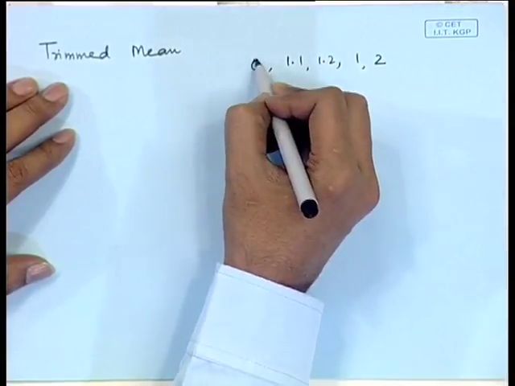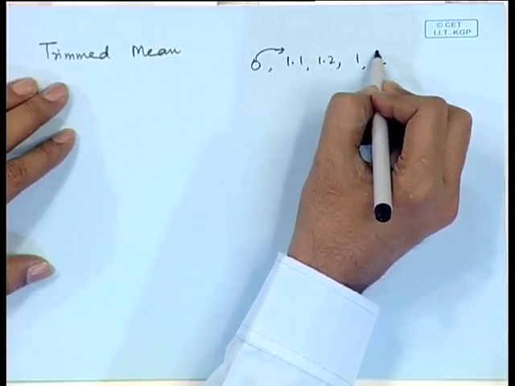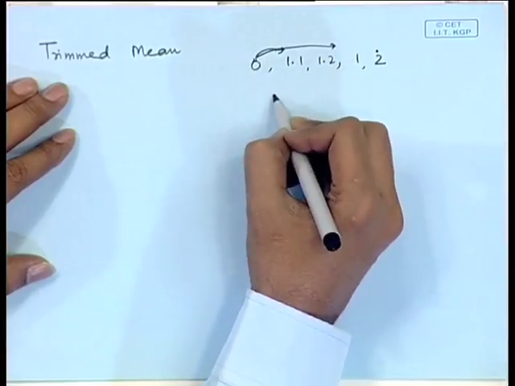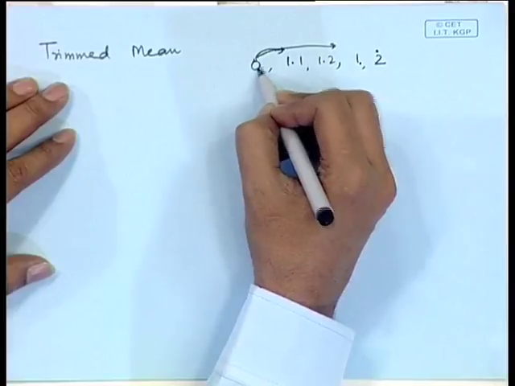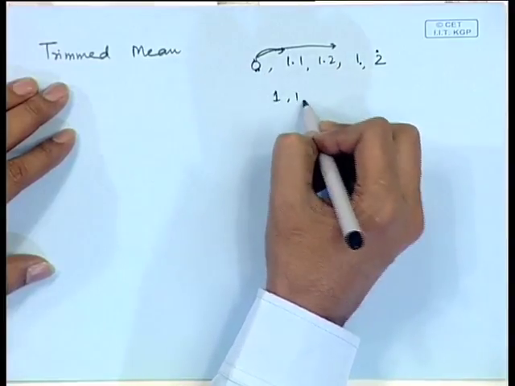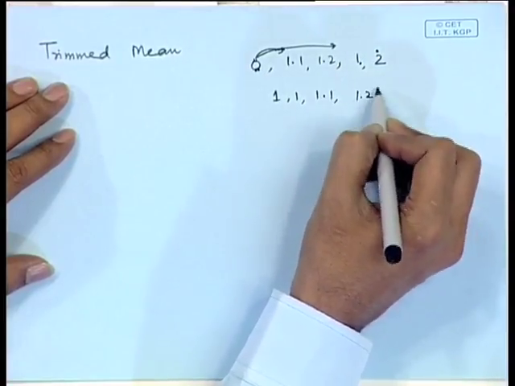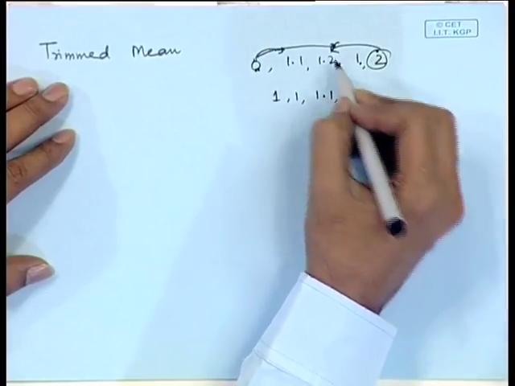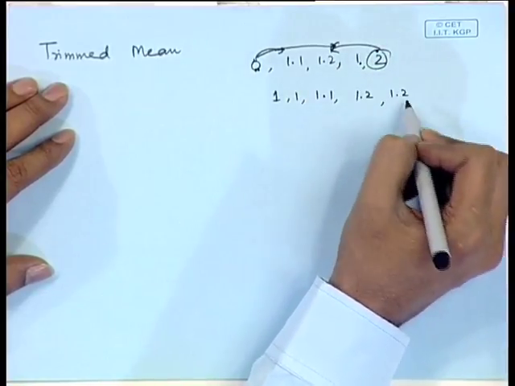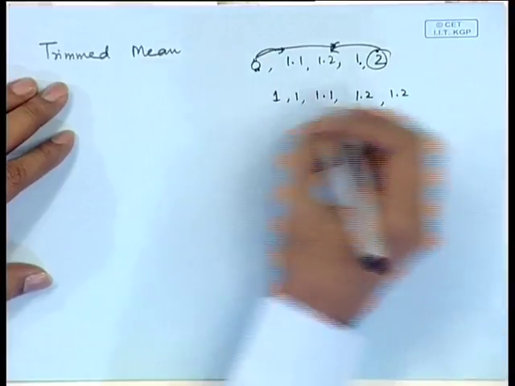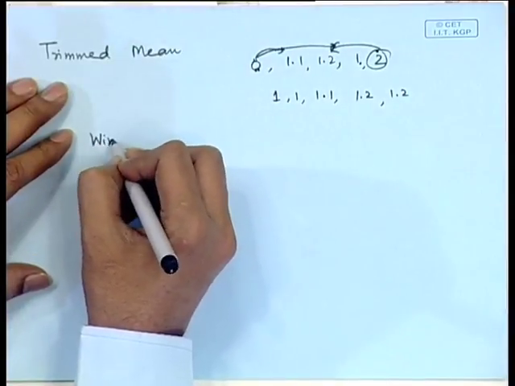Then I convert this 0 also to 1, so the lowest value is 1, and below that is 0, so I will convert this as 1. So, 1, 1, 1.1, 1.2 and this 2 I bring down to the next value, that is 1.2, and then take the average. This is known as the Winsorized mean.